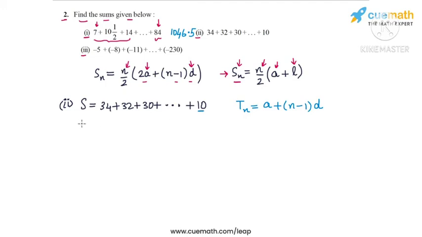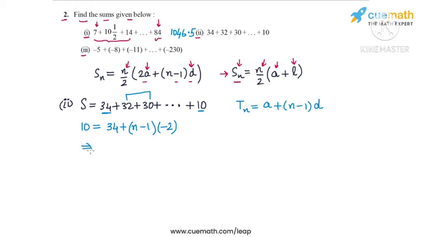So we will write 10 is equal to a. What is a? a is the first term, 34, plus (n minus 1) times d. Now what is d? You take any pair of consecutive terms like 32 and 30, and you see that d is equal to minus 2. 30 minus 32, so that's minus 2.